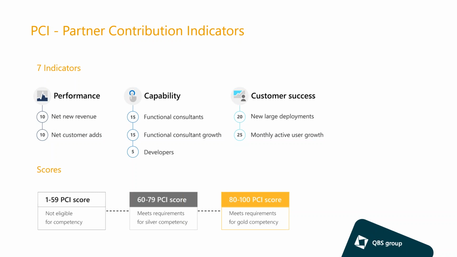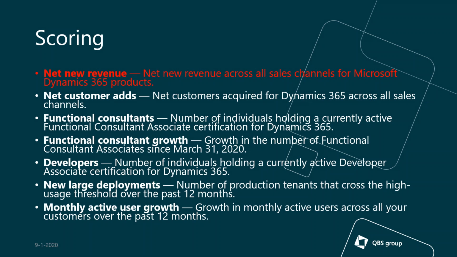And we're not diving into too much detail on each of the 7 indicators, because that would take way too much time. But of course, we are sharing the information with you, also with the detailed information. But it's good to know that, for example, one of the 7 indicators is net new revenue. So that's net new revenue across all sales channels for Microsoft Dynamics 365 products.